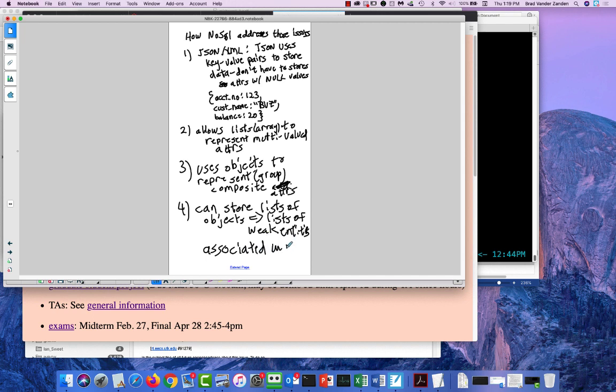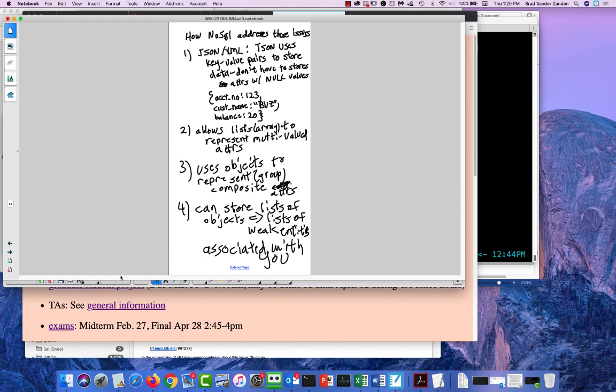So for example, if I had a student, I could store lists of exams. Those exams themselves are going to have attributes like maybe the score, comments, the TA or the grader, maybe the problems that were gotten right or the problems that were gotten wrong. So JSON provides an alternative way to represent your documents.